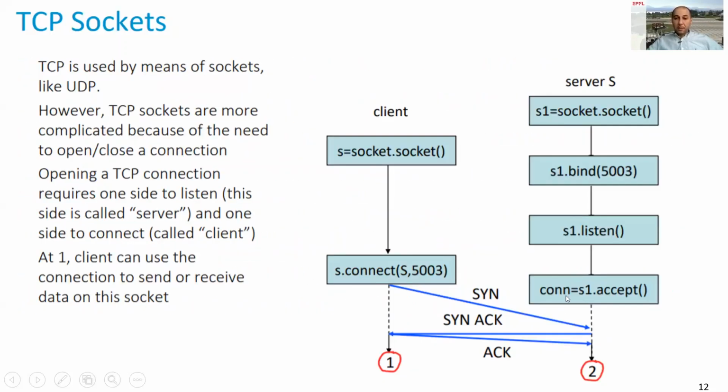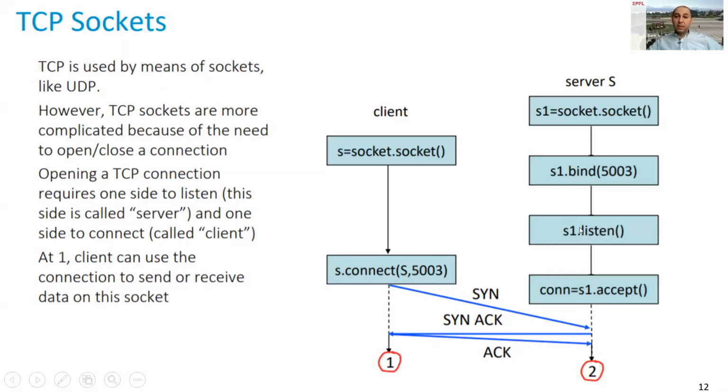Once this handshake is finished, accept returns and creates a new socket, and the communication between the client and the server will be from S here to con here. So S1 does not participate in the communication between the client and the server. S1 is here just to establish the communication, to create a new connected socket between the server and the client.